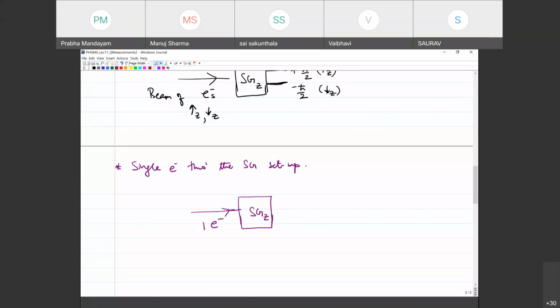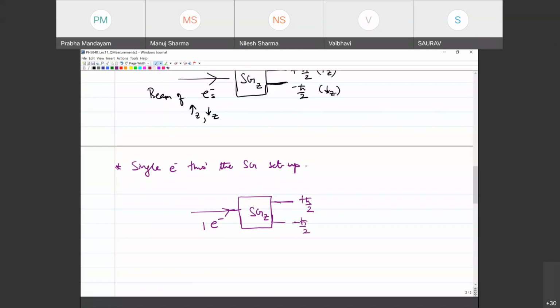What do we expect to see? Instead of a beam, at any one value, plus h bar by 2 or minus h bar by 2. Yeah, so the idea is you will either get plus h bar by 2 or you will get minus h bar by 2, right? So the electron either goes to the upper patch of the screen or it goes down to the lower patch in the screen, right?